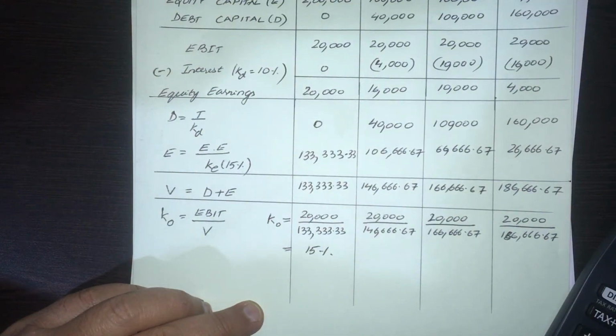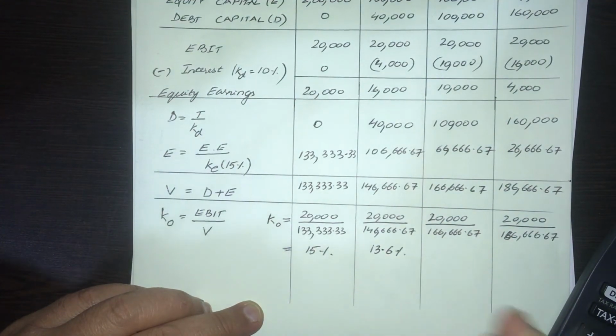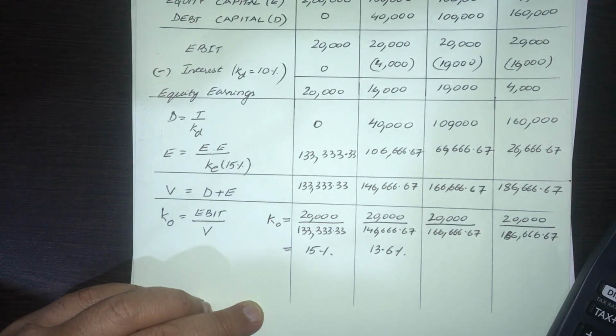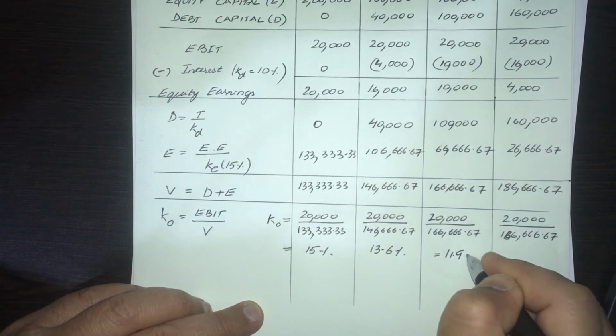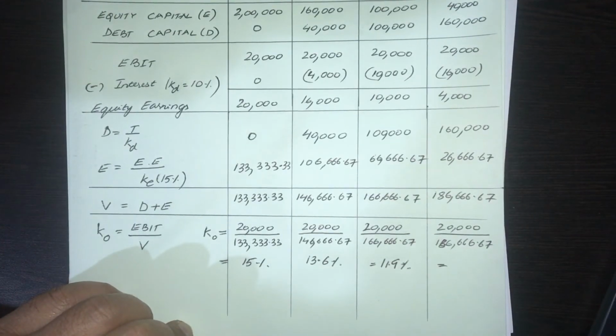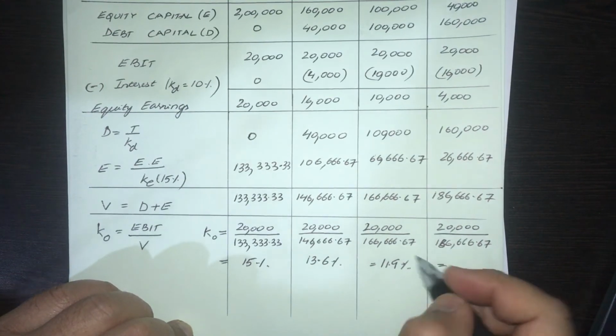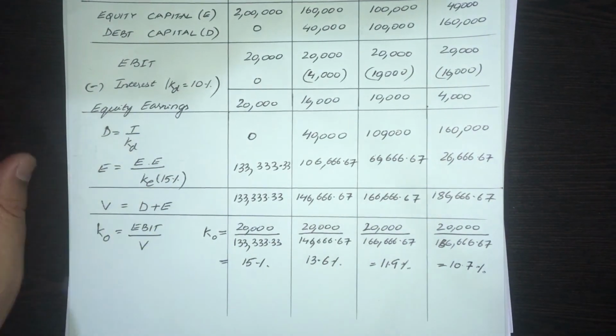Here this is 13.6%. This is 11.9%. This is 10.7%. So you will notice one thing.